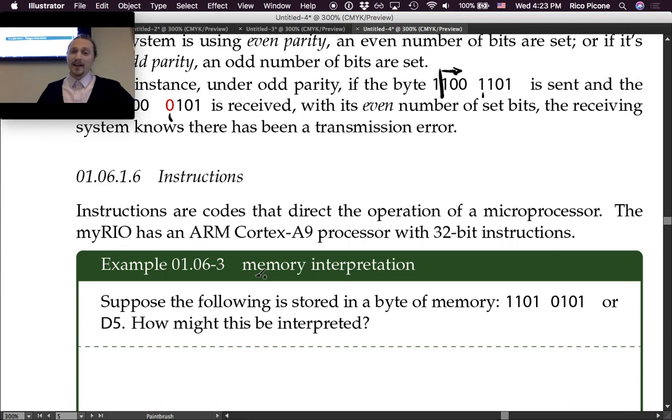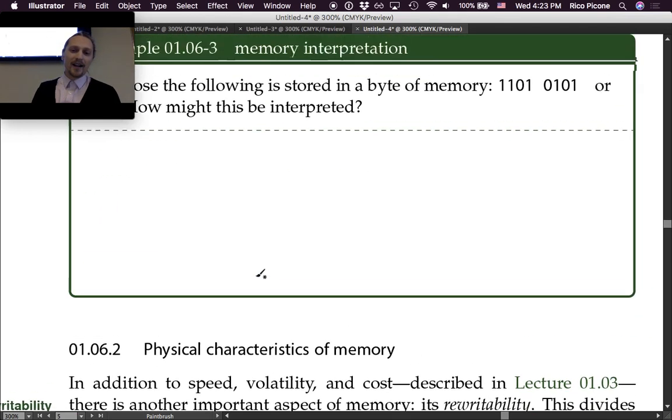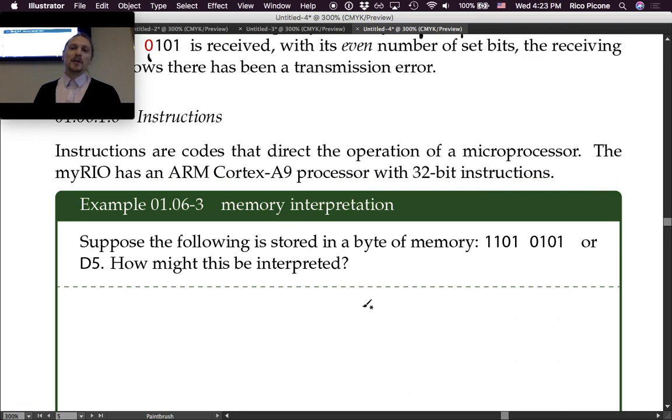That is, with 32-bit instructions, you have the possibility of 4 billion instructions. Thank God they don't have that many. But the manual for this processor, I think I mentioned, is like 2,700 pages long. So the instruction set is pretty big. Not that big, but it's pretty big.